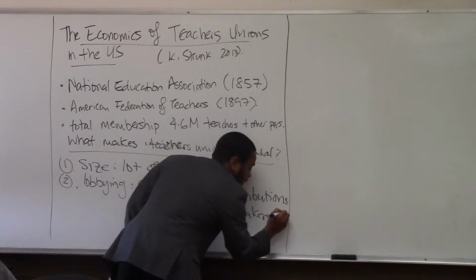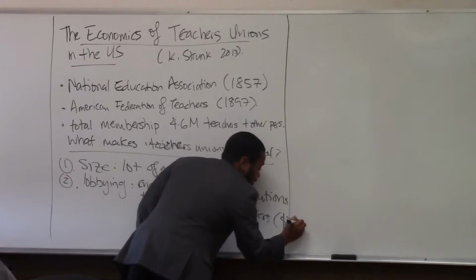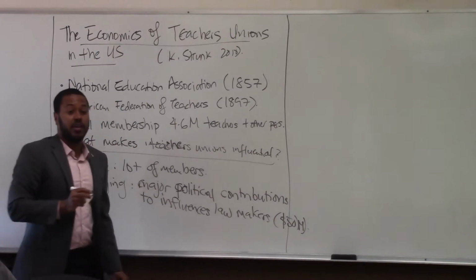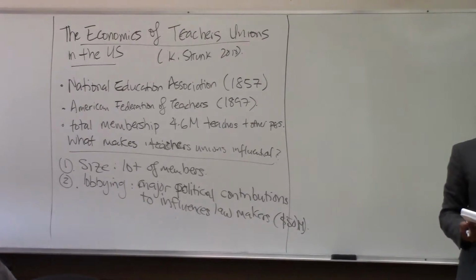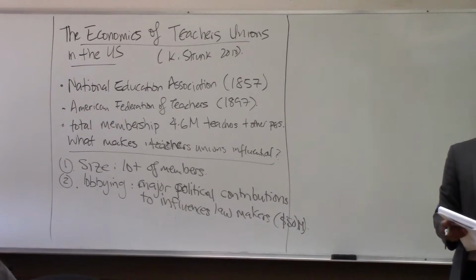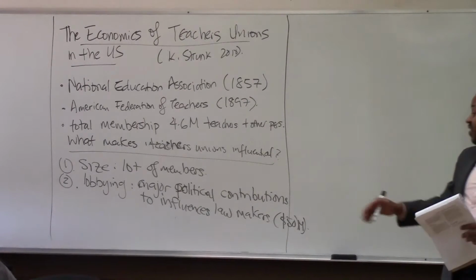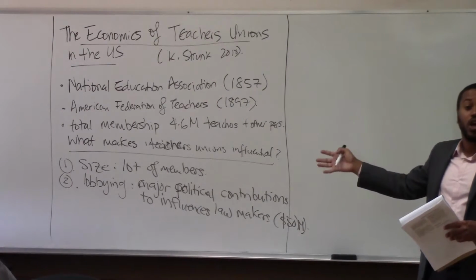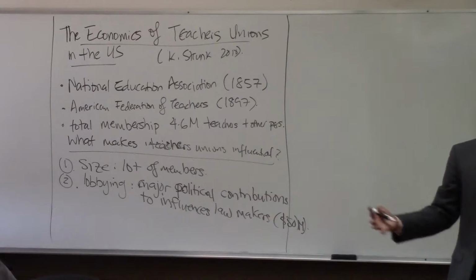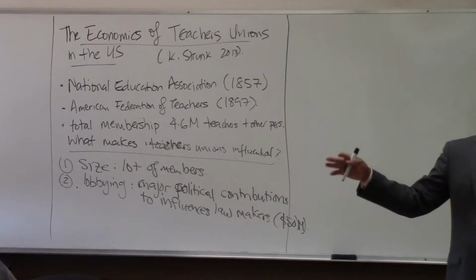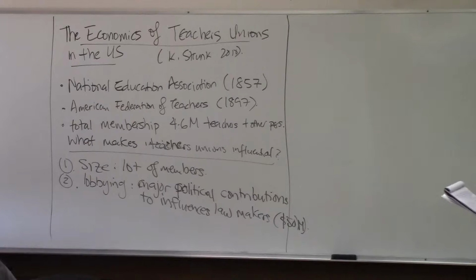That's a ton of money. To put this in perspective, once the election gets into high gear, a major political candidate, a Republican or Democrat, can raise on the order of 50 to $100 million a month, right? So this is around the ballpark of how much a major political organization can raise nationally. That's not a trivial figure.